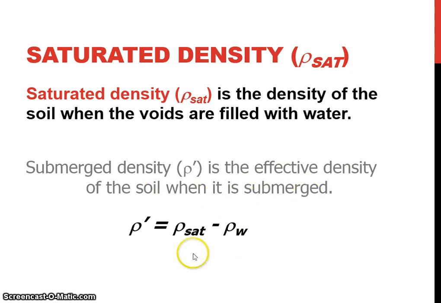As an example, the soil is already fully saturated, but at the same time, it has flood on it. So we really want to know the effective density of the soil only, not including the flood and not including the water and so on. So that's why another equation comes, rho prime, submerged density.